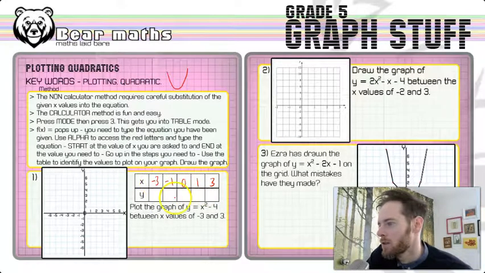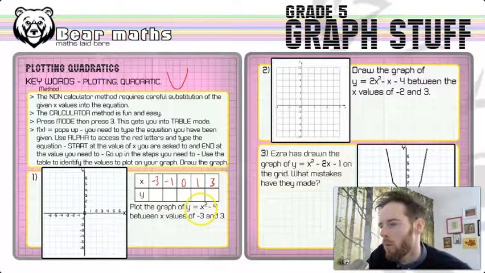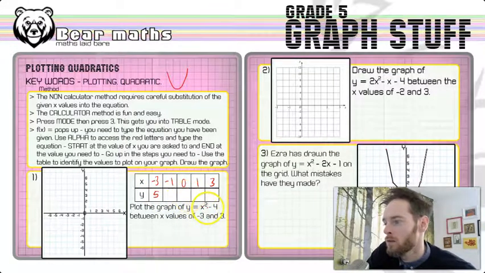Now if we substitute -3 in, -3 squared, remember, is -3 multiplied by -3, which would give you a positive answer. So that would just be 9, and then 9 take away 4 is 5. -1 goes in, -1 squared is 1, and then 1 minus 4 is -3. 0 goes in, 0 squared is 0, take away 4 is -4.